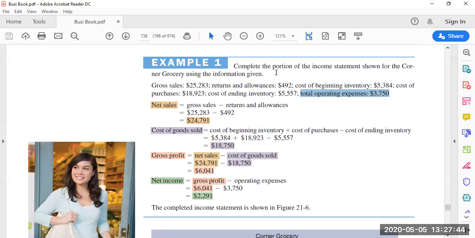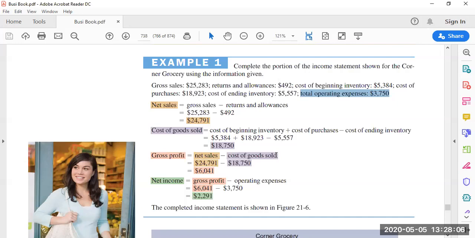Cost of goods sold, that's given to us, but it is determined by taking the cost of the beginning inventory, adding to that all of our purchases, and subtracting from that the cost of the ending inventory. That gives us the cost of goods sold.